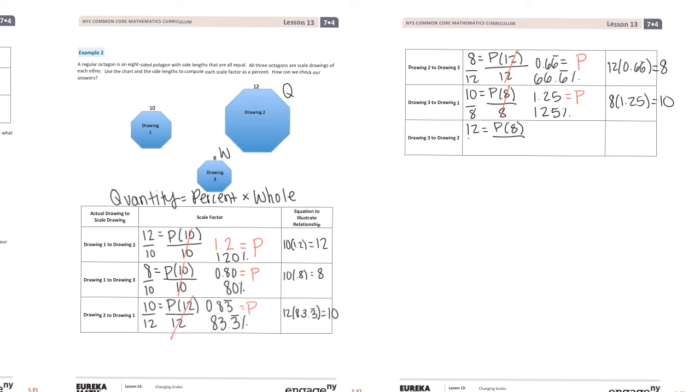To get P by itself, I'm going to divide both sides by 8. 8 divided by 8 is going to leave me with 1P. And then 12 divided by 8 is going to leave me with 1.5. So as a percent, I'm going to have 150%. To write this as an equation to illustrate the relationship, I will have 8 times 1.5 equals 12.